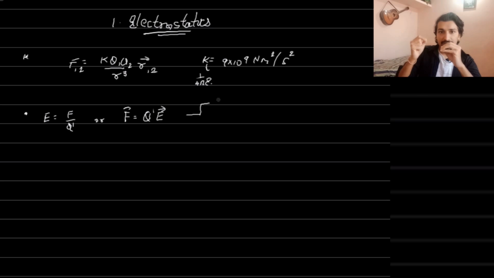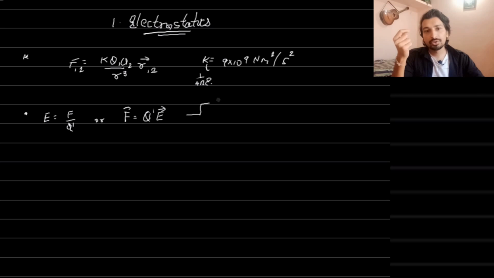So if I have one charge here, this charge will exert a force on whichever charge comes into its electric field region. When you take the second charge to be 1 coulomb, you get the force to be the electric field. So that will be the electric field because of any kind of charge. Or electric field can be written as force by test charge. This is how you find the electric field.